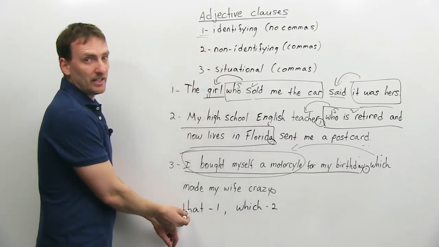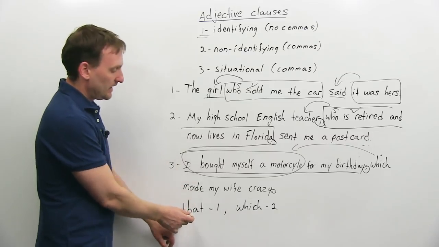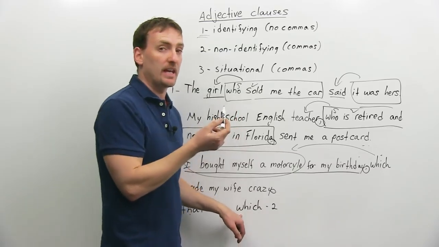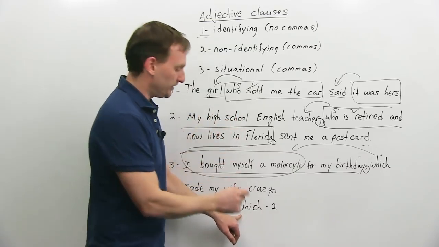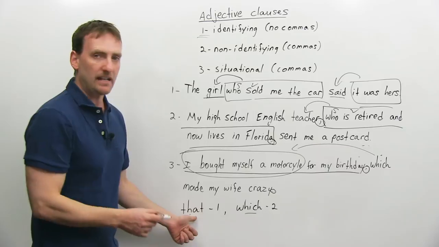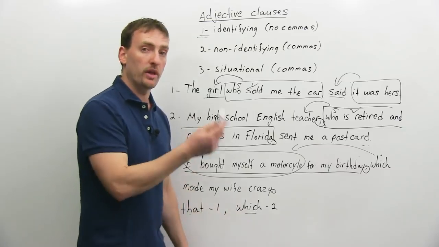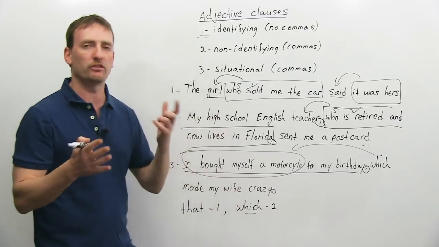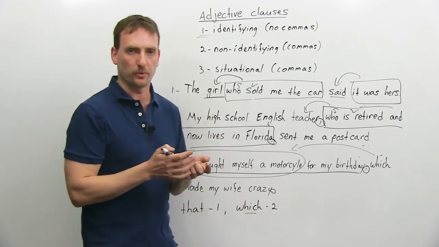So if you're identifying a thing, use that. If you're describing a noun that's a thing, but it's non-identifying, use which. That, no comma. Which, with comma. Okay? Identifying, non-identifying. In case you're wondering what's the difference between that and which.